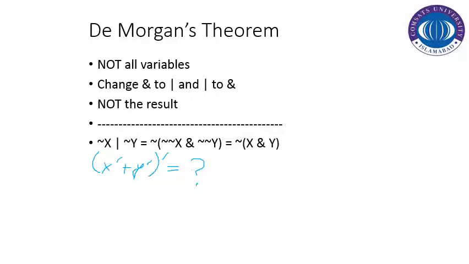What De Morgan's theorem states is that you first invert your inputs. So x complement is the input that is inverted, and y complement, or y prime, is also inverted.